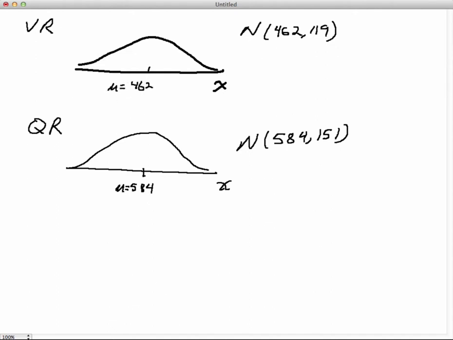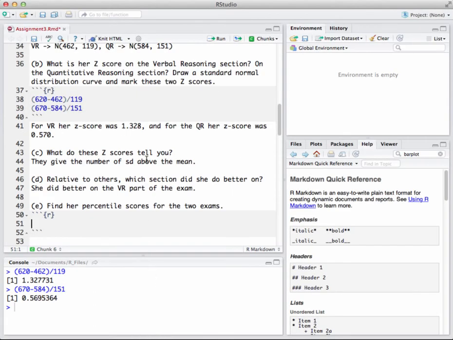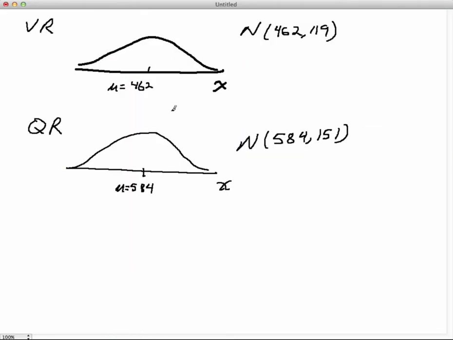Let's take a look at what our intrepid student did in terms of her scores. Let's see, what did she get? On the verbal reasoning, she got a 620. So let's mark that onto our distribution, about up here.